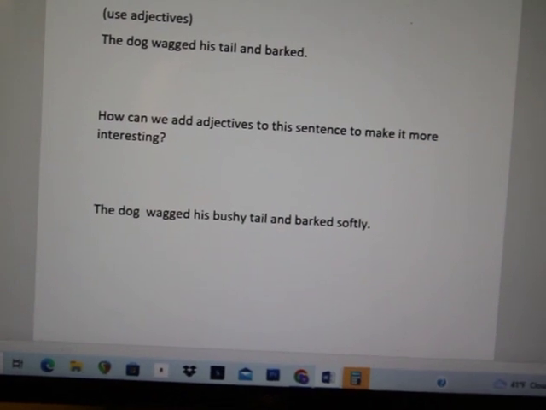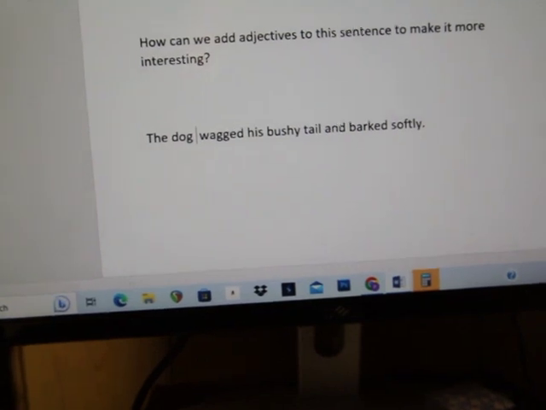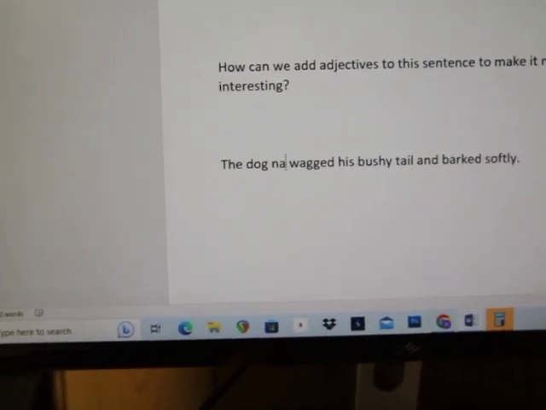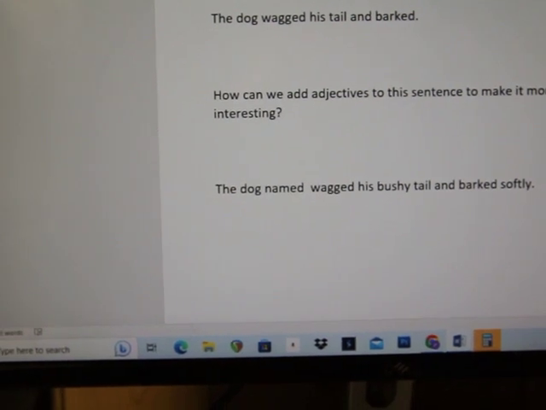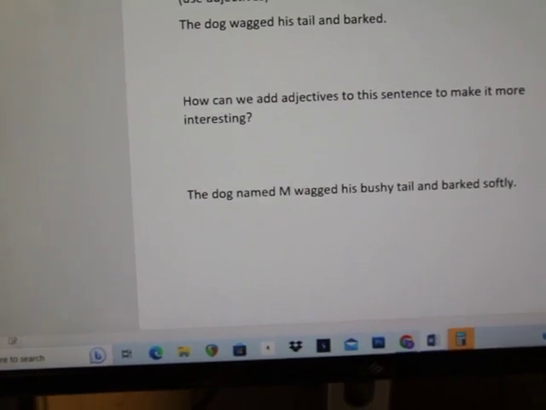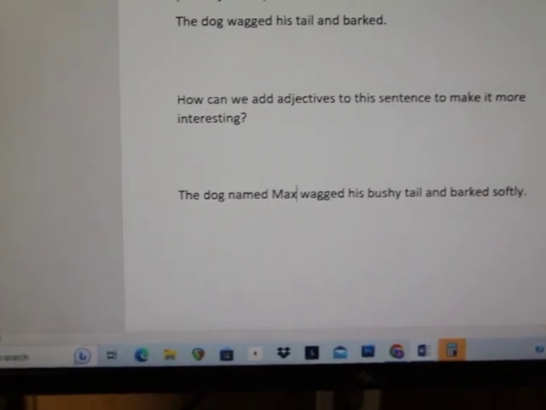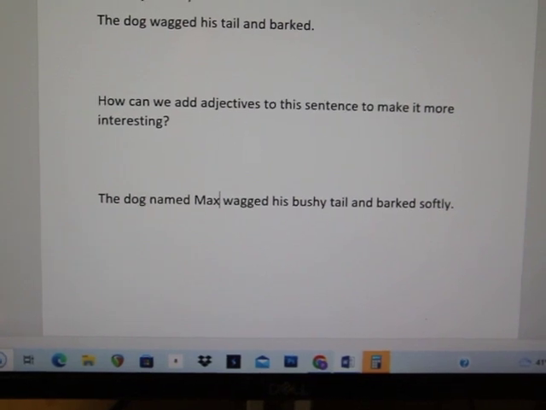You give it a space. The dog named Max, we want a capital M-A-X. The dog named Max wagged his bushy tail and barked softly.